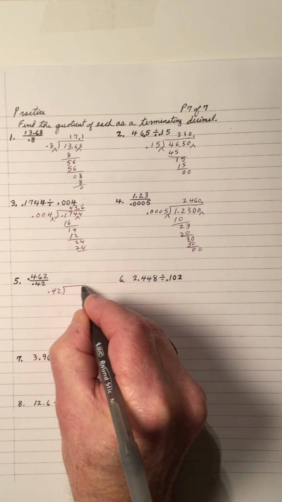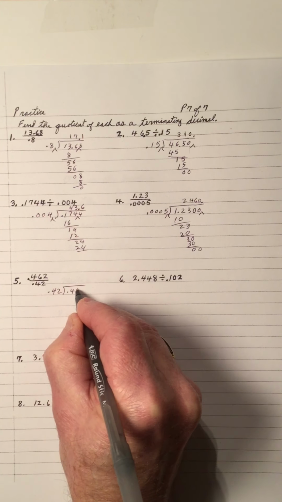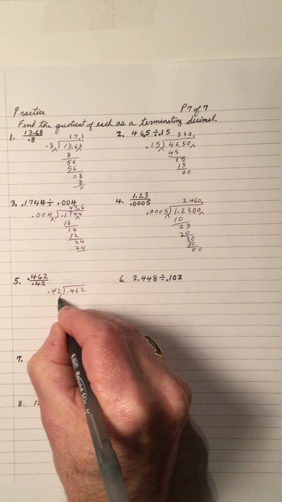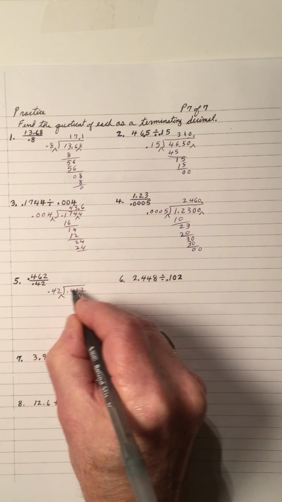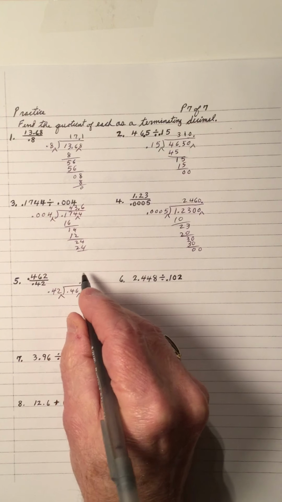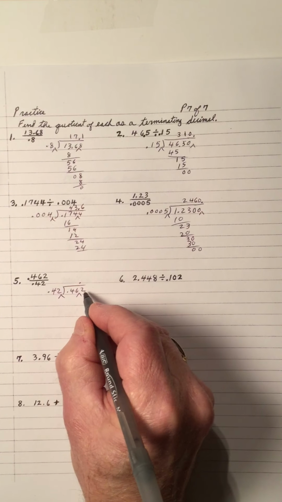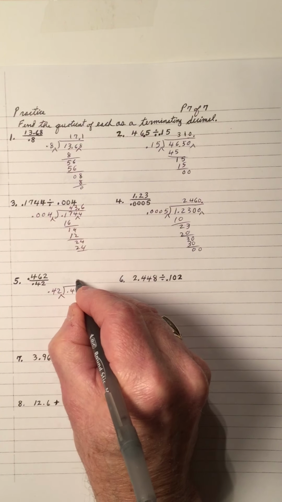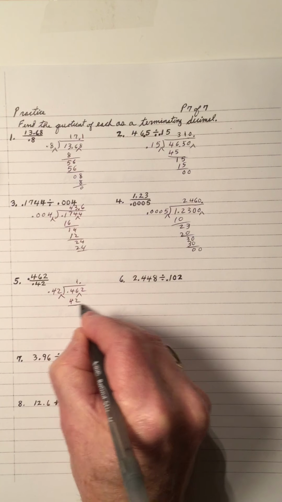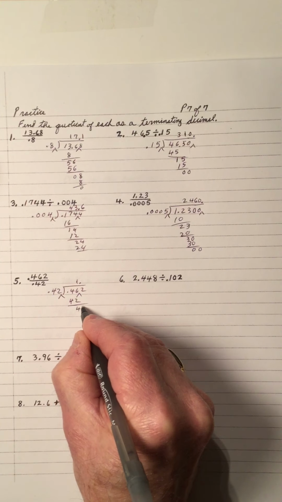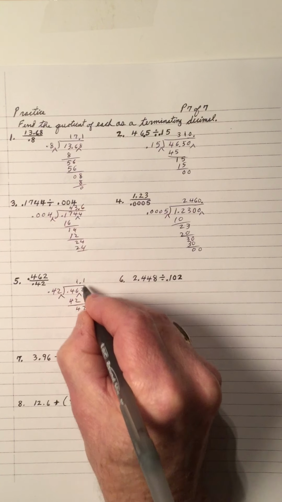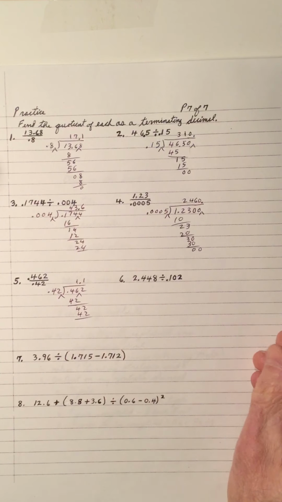So 42 decimal into decimal 462. Move your decimal 2 places in your divisor, 2 places in your dividend. So now you got 42 into 462. 42 into 46 is once. Subtract 42, and 6 minus 2 is 4. 42 into 42 goes once, so I get a 42.